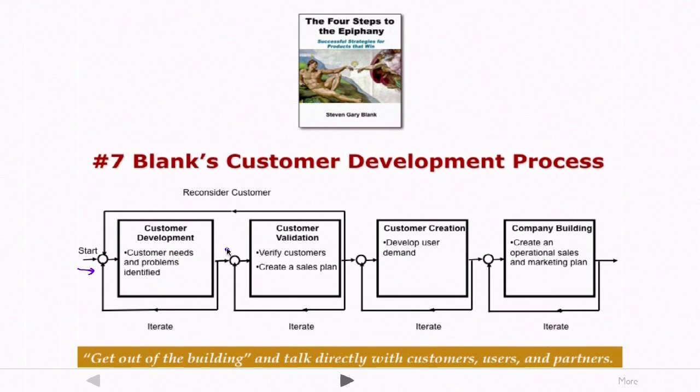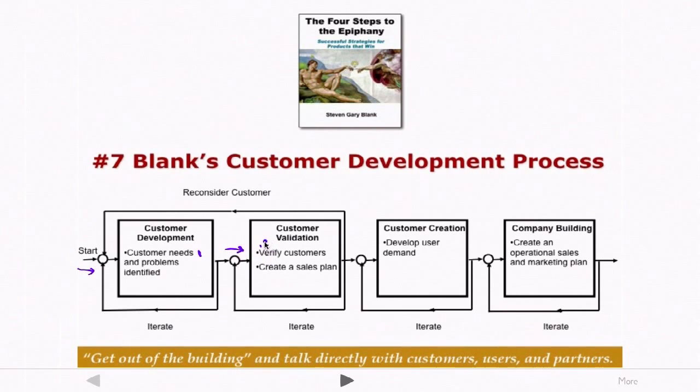You can then take an initial version of this to the customer validation step. Customer validation is going out and seeing if you can verify that it wasn't only these few people who you talked to who have this problem, but there are actually a large number of other customers. So can you talk to another 20 people who also share the same problem and who see this potential technology or product that you've developed as a solution to it?